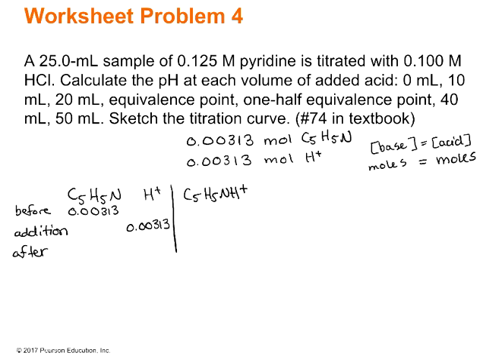And then after, we have 0 moles of acid because it all gets used up. But we're also using up all of the weak base because we have equal amounts of weak base and acid. So now how much of the conjugate acid will we have? We should have 0.00313 moles of the conjugate acid.